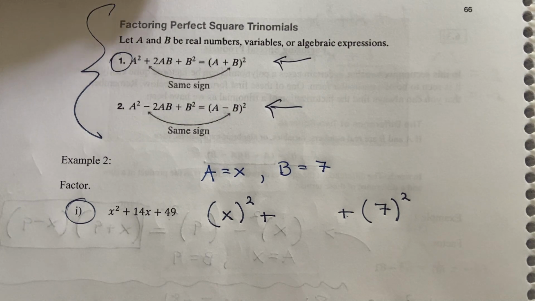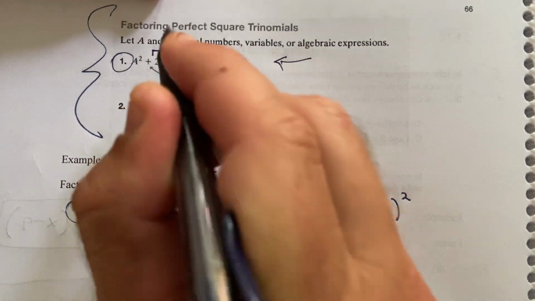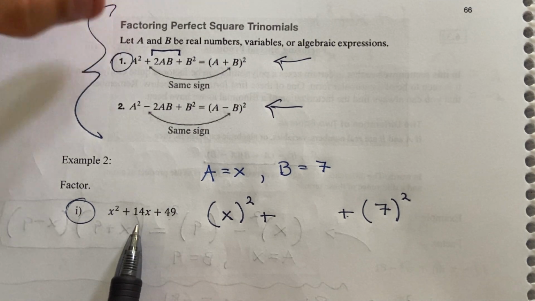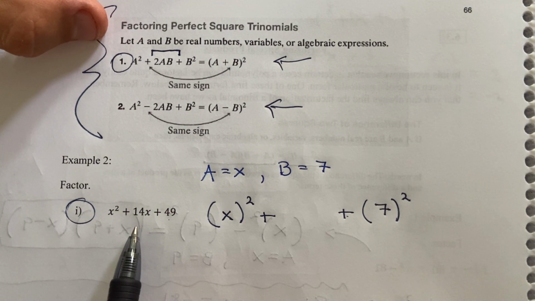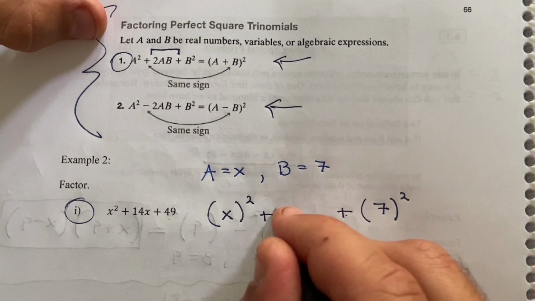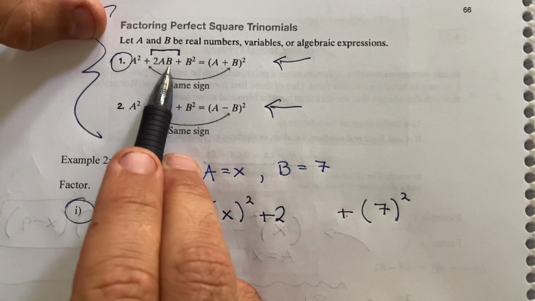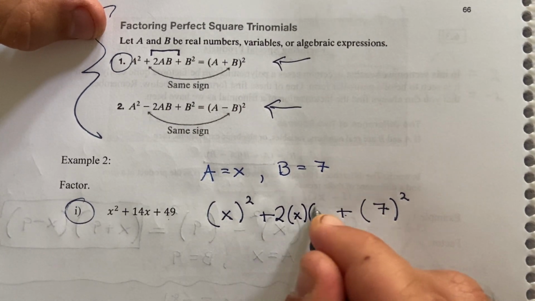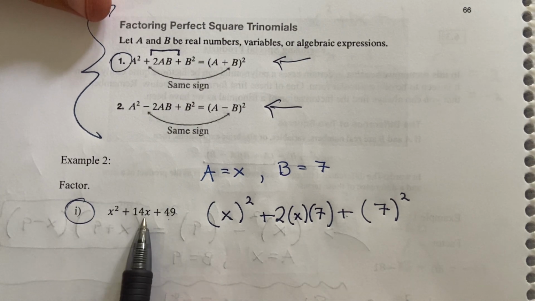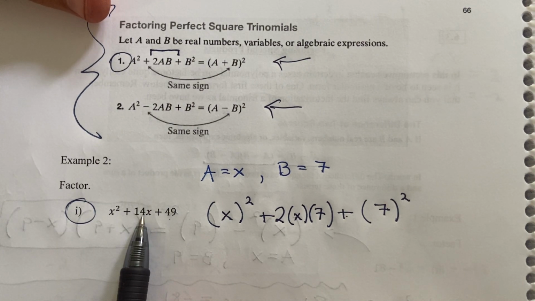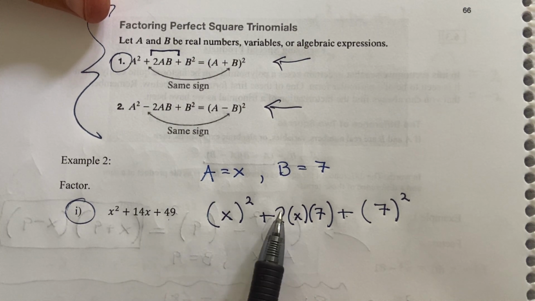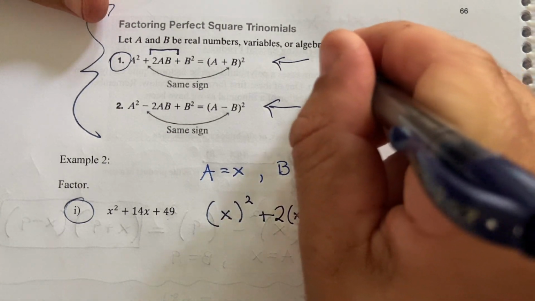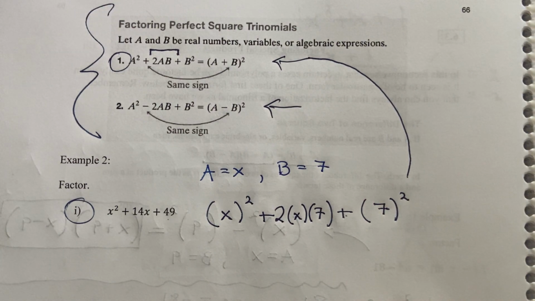So in the middle, its claim is that we should have 2 times A times B if this thing is falling into this category indeed. So is it true that 2 times A times B, in other words 2 times x times 7, is that 14x? And it is, right? This is 14x.